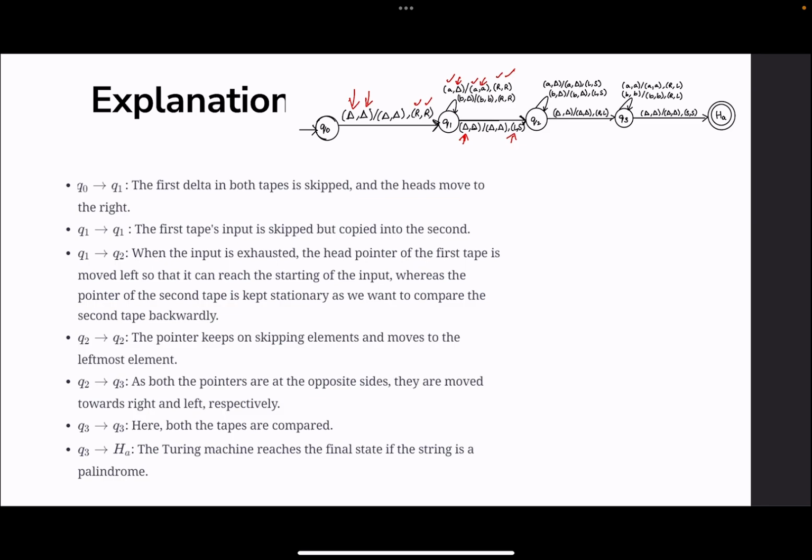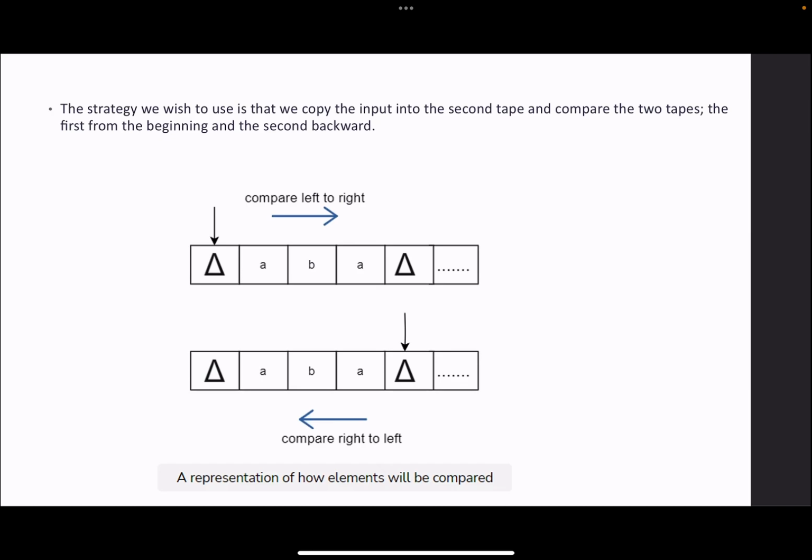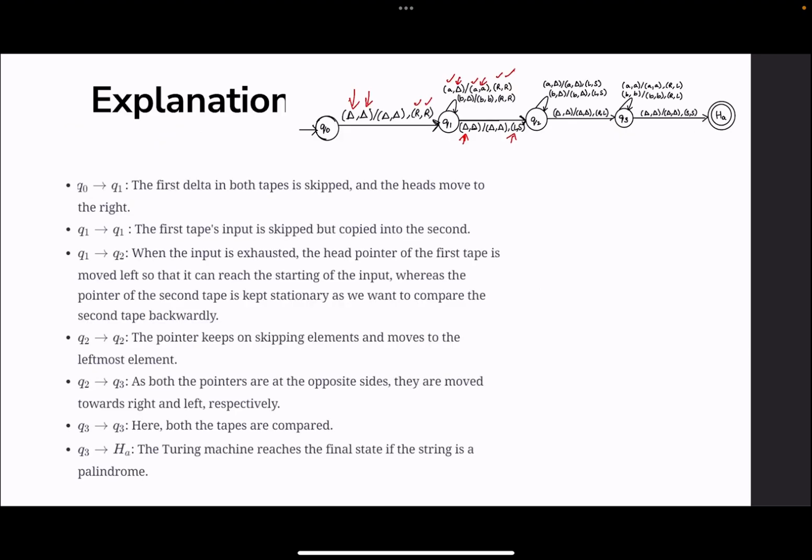The reason we are doing this is that we are pushing the first head back to its first place. Like I've mentioned earlier, we do the comparison from left to right for the first tape, right? So that's the reason why the head is moved to the left, and once we reach the front of the first tape, we perform a right operation on the first tape and a left operation on the second tape.